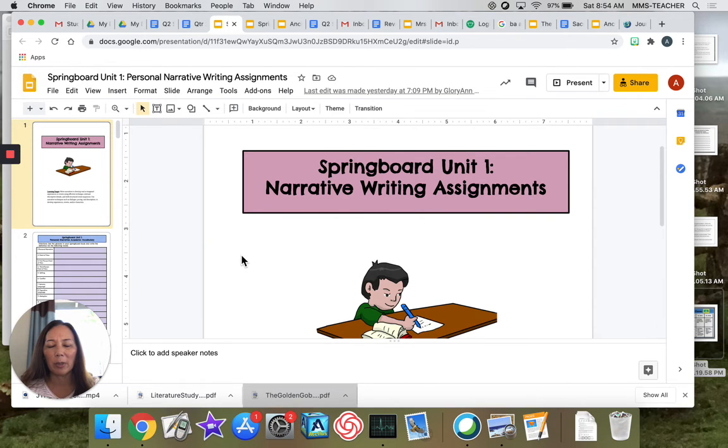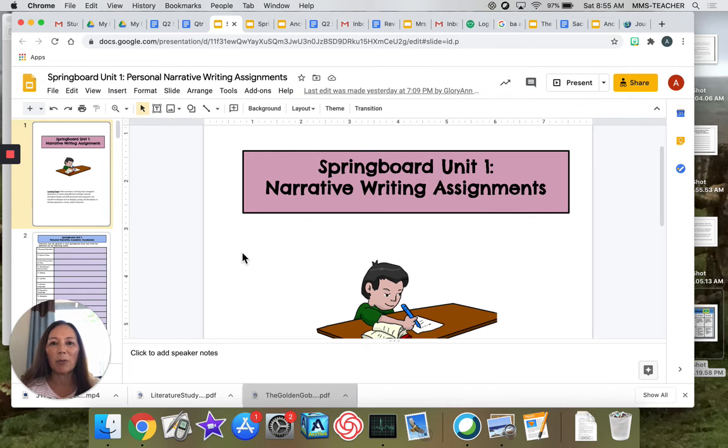So if you remember last quarter and quarter one, we would have a resource slideshow, like your step up to writing resource slideshow, where your teacher would do all of the learning and explaining and teaching you how to do different parts of your step up to writing. And then you would have your assignment slideshow, where you would show us your practice and what you learned from each of those different parts of step up to writing.